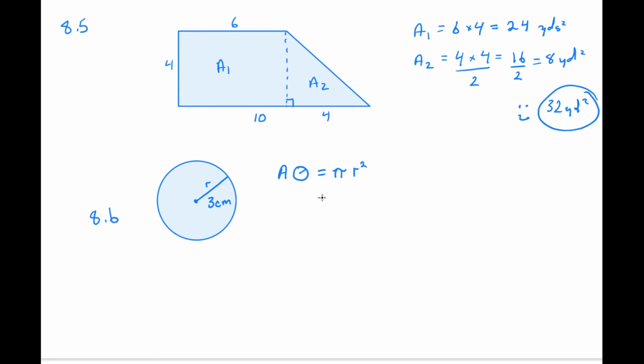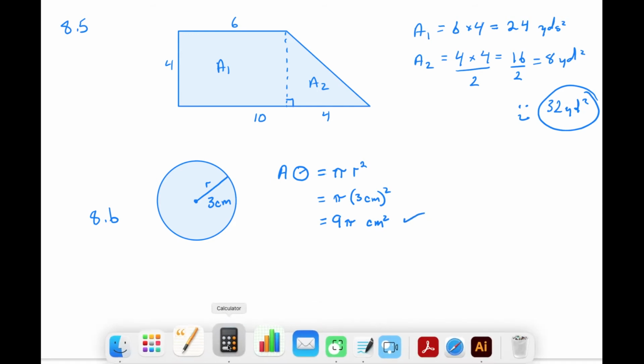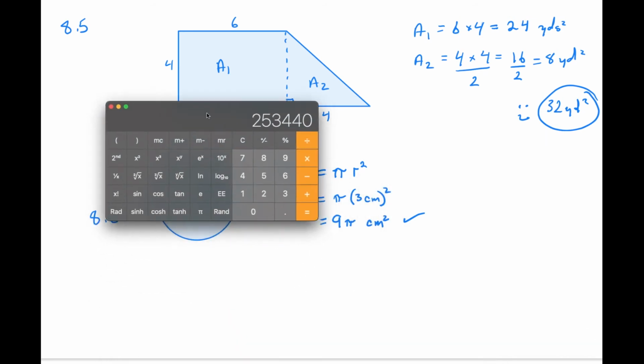So we would say pi times 3 centimeters squared, right? So that would be 3 times 3, that's 9 times pi centimeters squared. This is a correct answer. You can stop right there. You don't have to go any further. I will accept that as the correct answer.